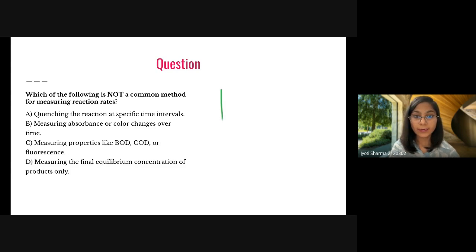So let's say I plot one thing. Here we have C, the concentration, and here I have T, which is time. Let's say this is the concentration of the reactant, and with time the concentration is decreasing.